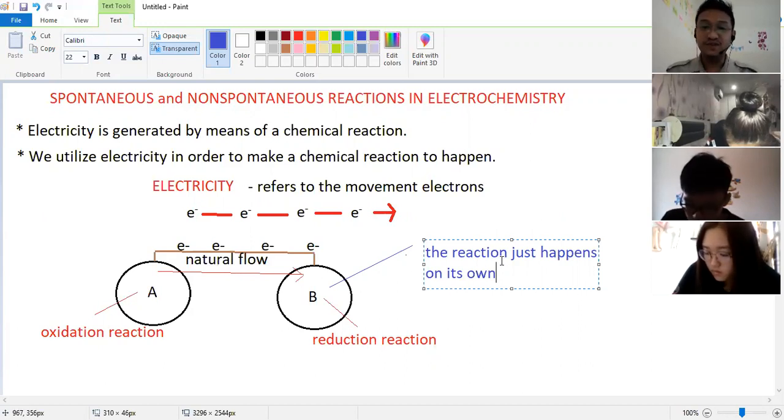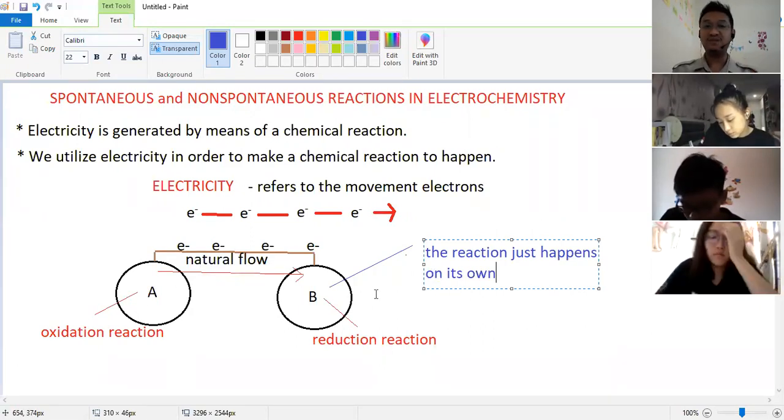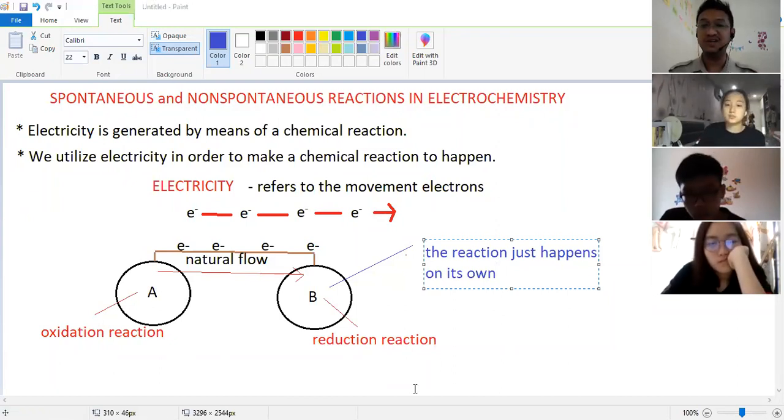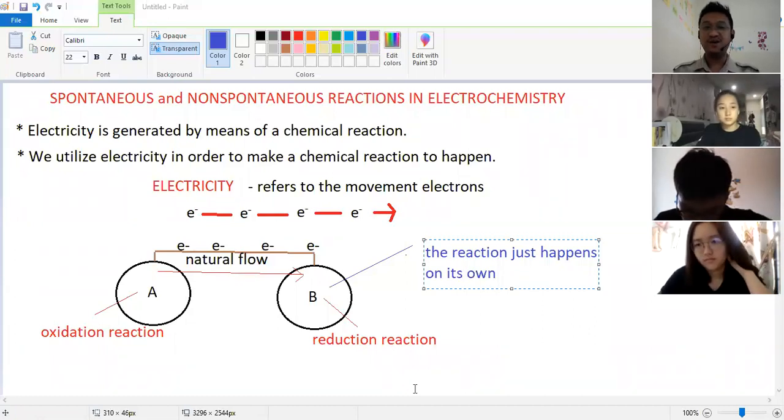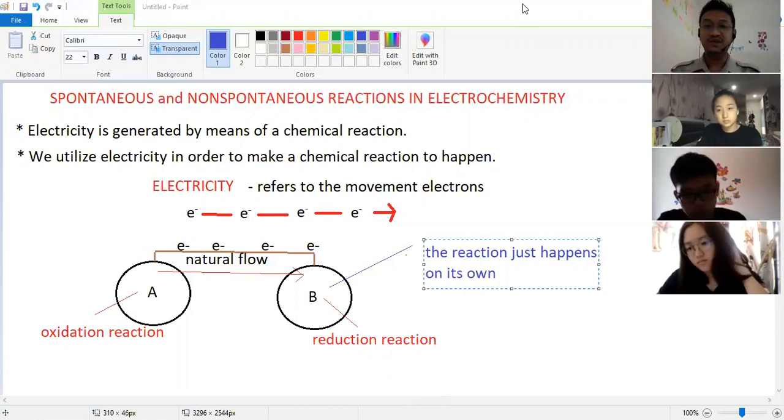So if the reaction just happened on its own, where oxidation and reduction take place, what type of reaction is this in electrochemistry? Please type your answer in our line group. The electron naturally flows, there come oxidation and reduction reactions, and this reaction just happens on its own.